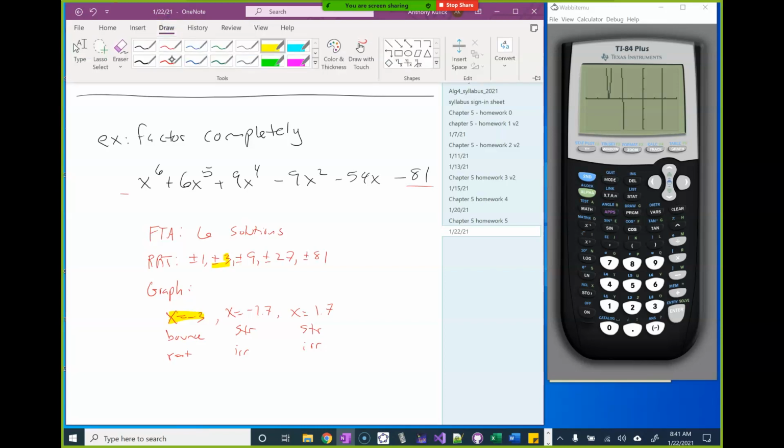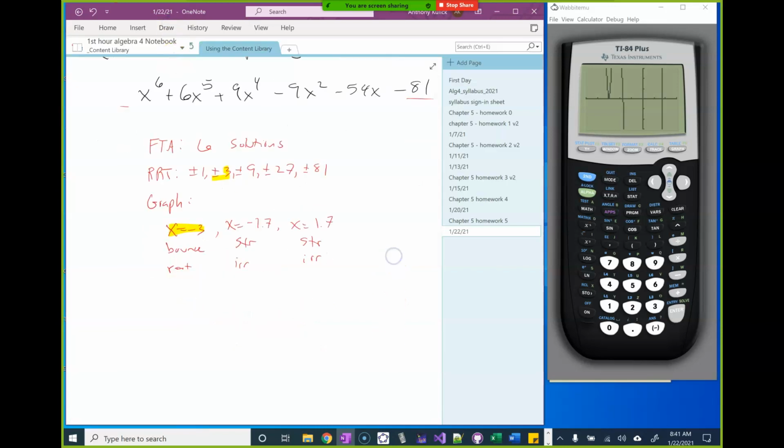Could it be used 4 times? Sure. Because 4 and then the 2 irrationals will give me 6, but that would force there to be 0 imaginary. Could it be used 6 times? No, because we already have 2 irrationals, and 6 and 2 is too many solutions then.